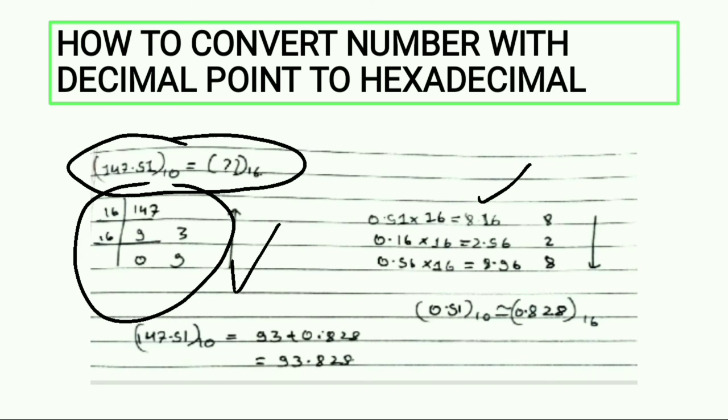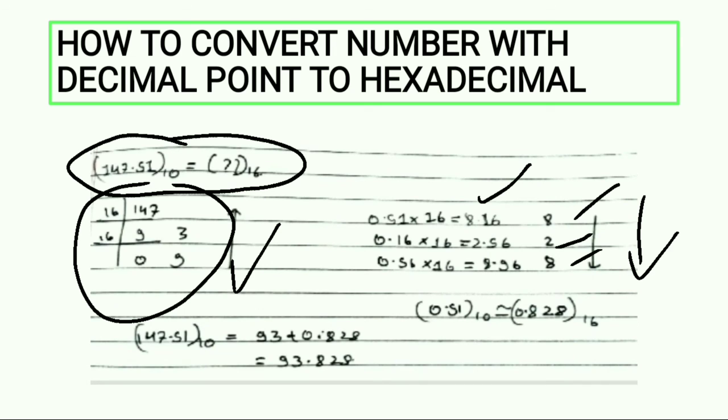Now we take the number before the decimal point, that is 8, outside, and continue this process with the remaining part. You can see that we get the number 8 again after some steps. Now we take this reading from top to bottom. So 0.51 is nearly equivalent to 0.828.